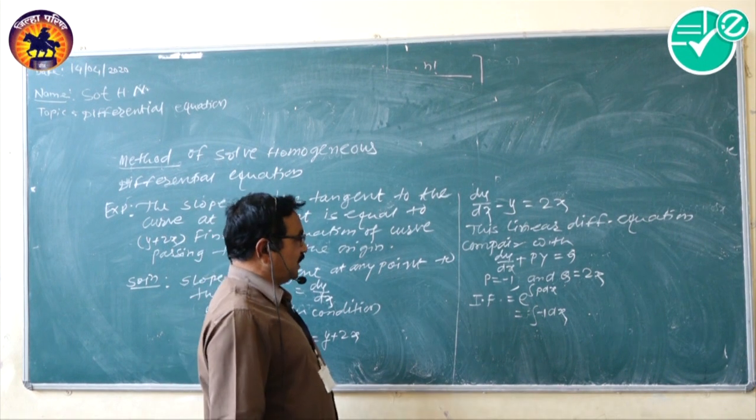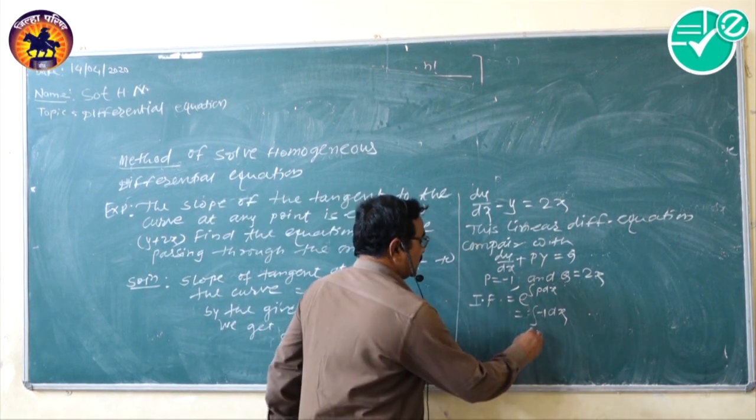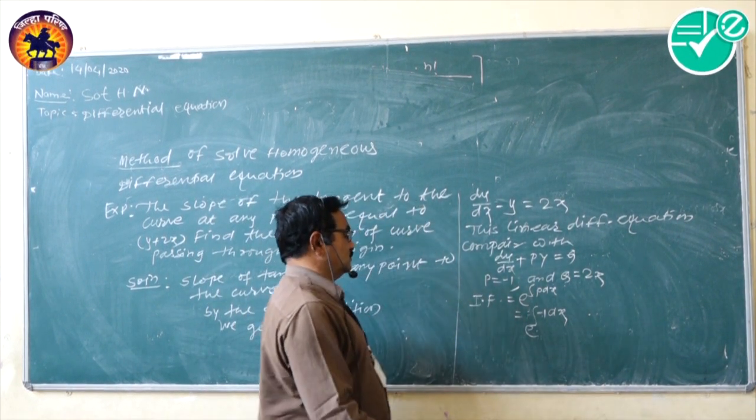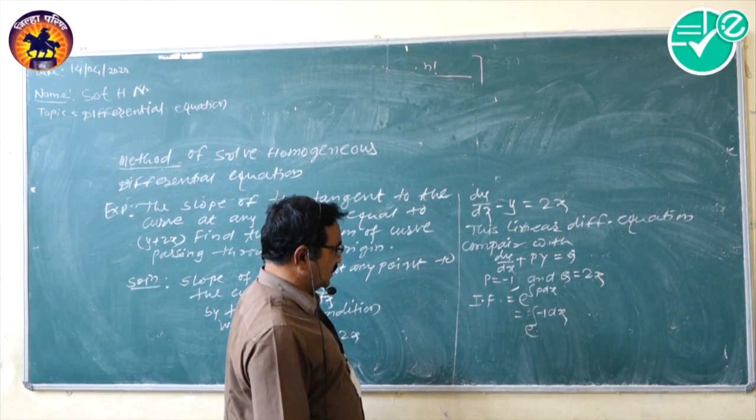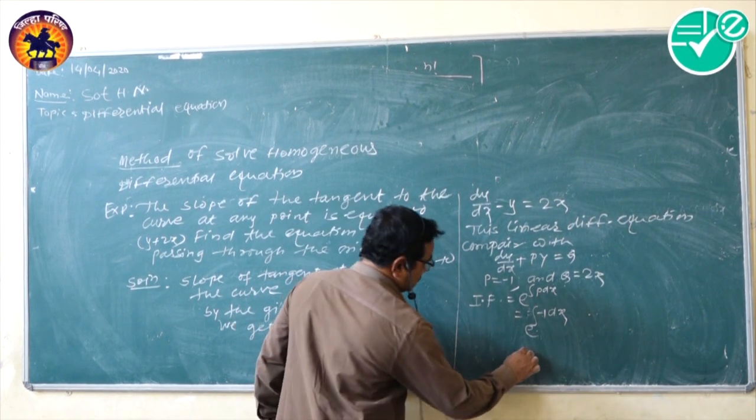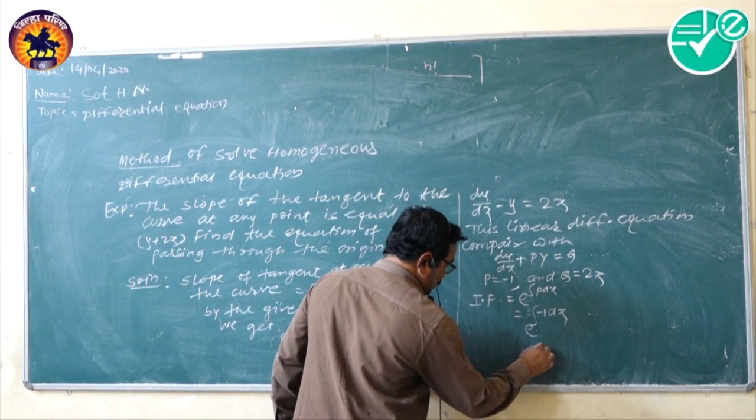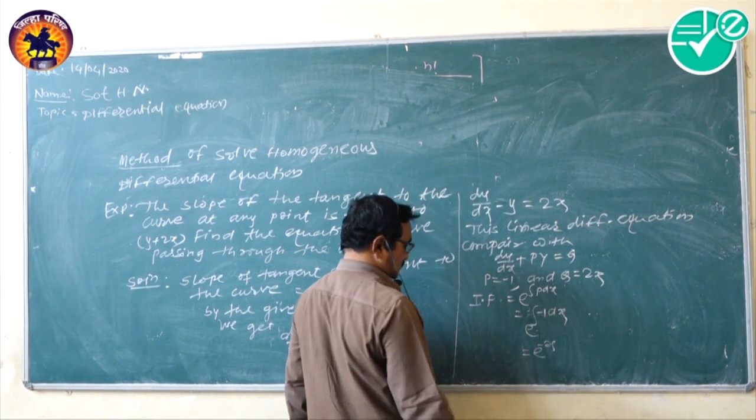Here p equal to -1, this becomes e raised to integration of -1 dx, which is equal to e raised to -x.